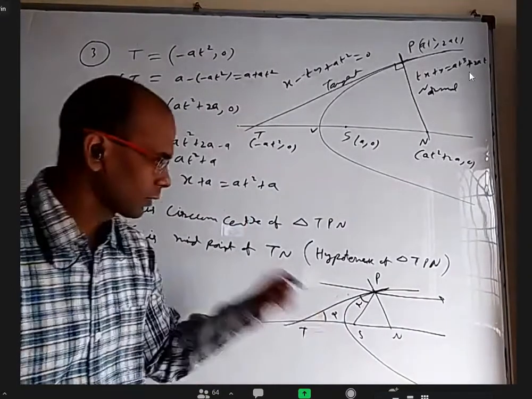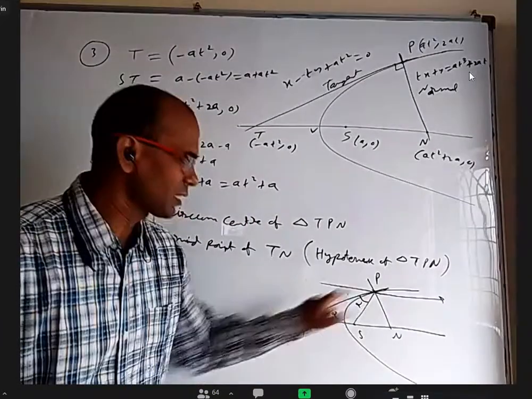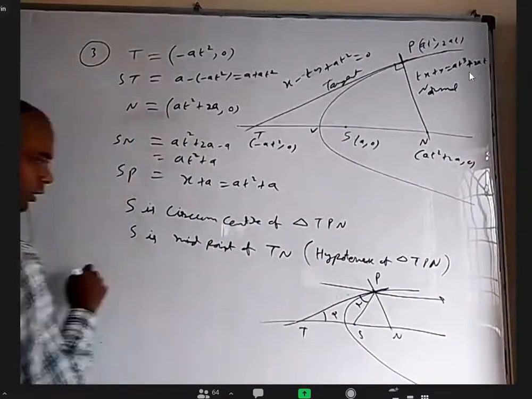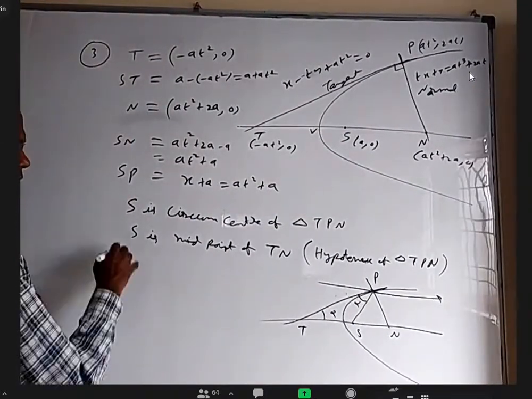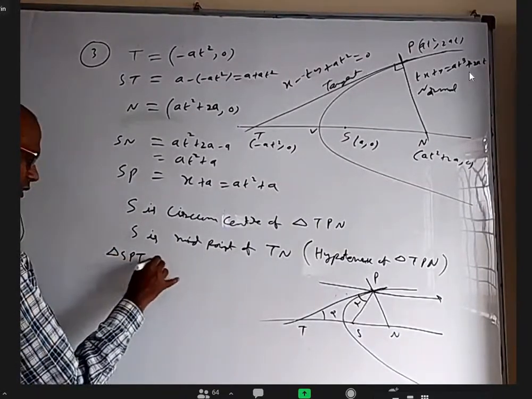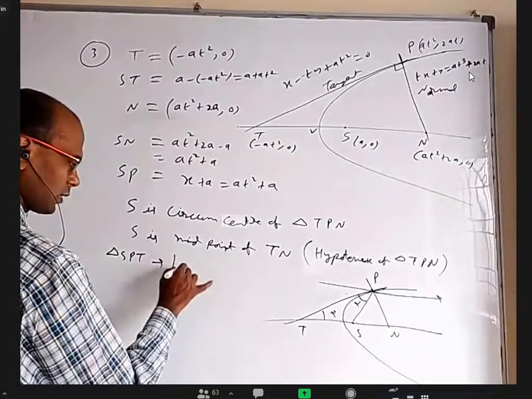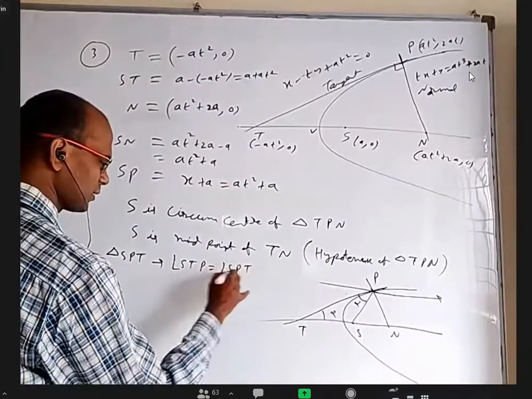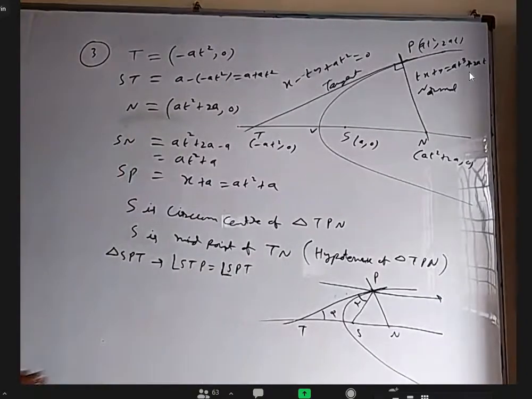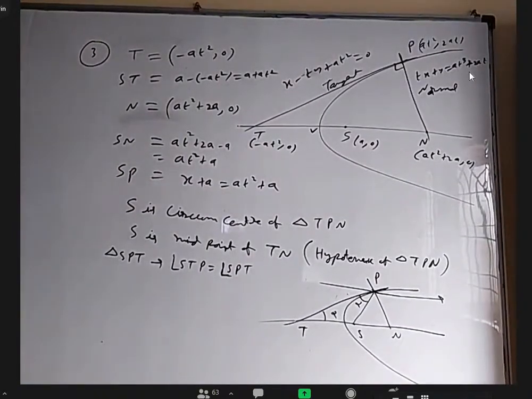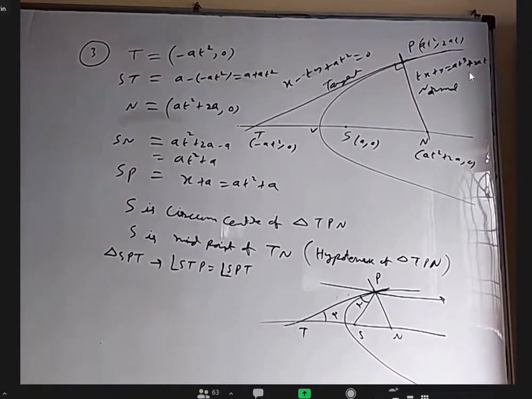Why? Because this length and this length are equal, right? Isosceles triangle, right? So triangle SPT, if you take that, angle STP is equal to angle SPT.